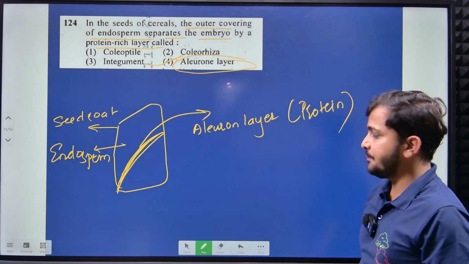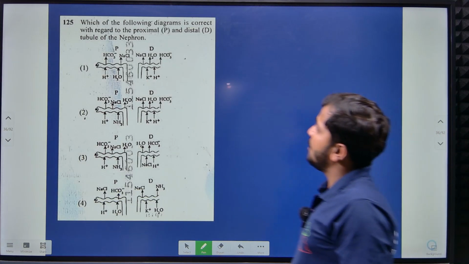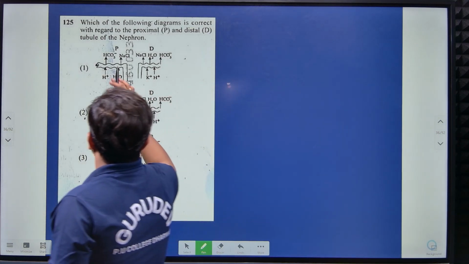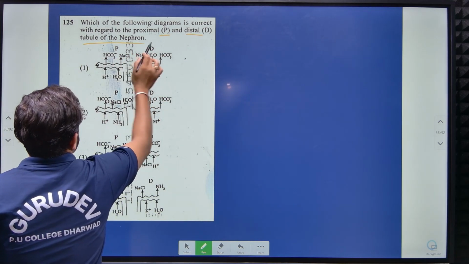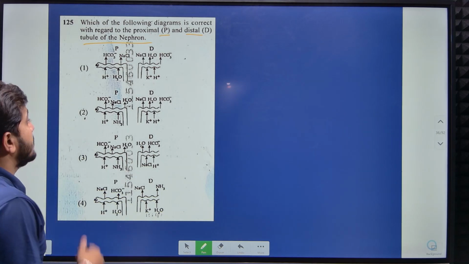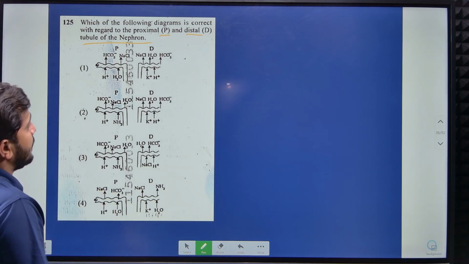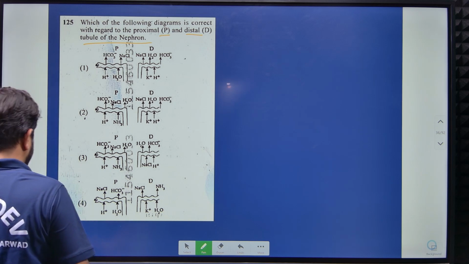Aleurone layer, right? Then moving on to the next: which of the following diagrams is correct with regard to the proximal and distal tubule of the nephron? So proximal convoluted tubule and distal convoluted tubule. We have to find out the correct match and how it can be matched with respect to this.